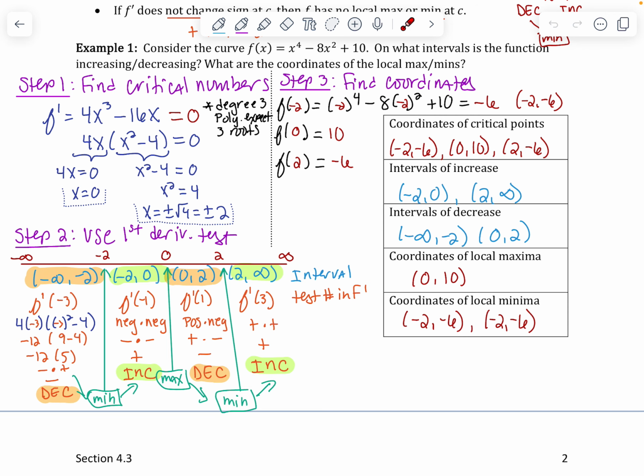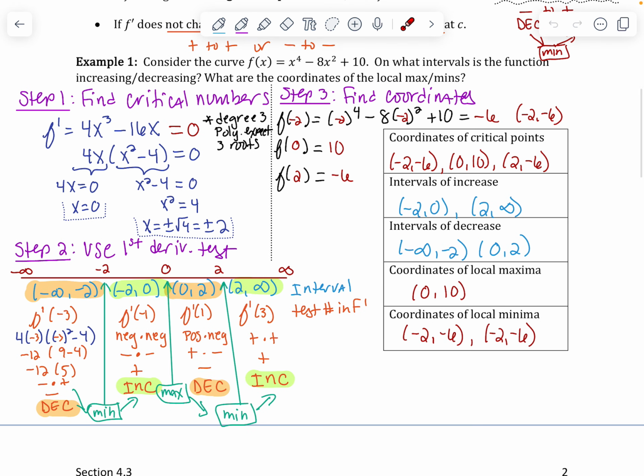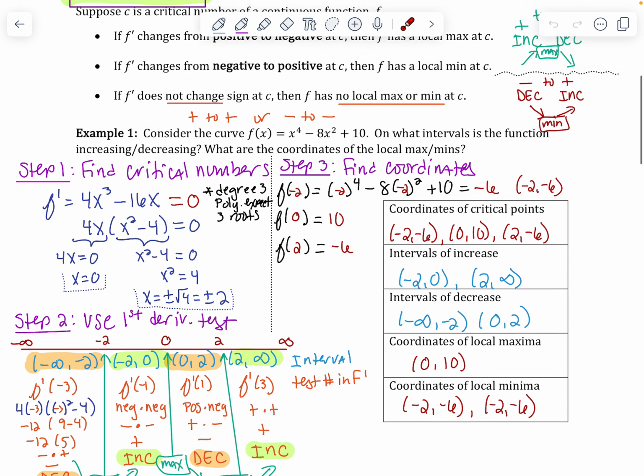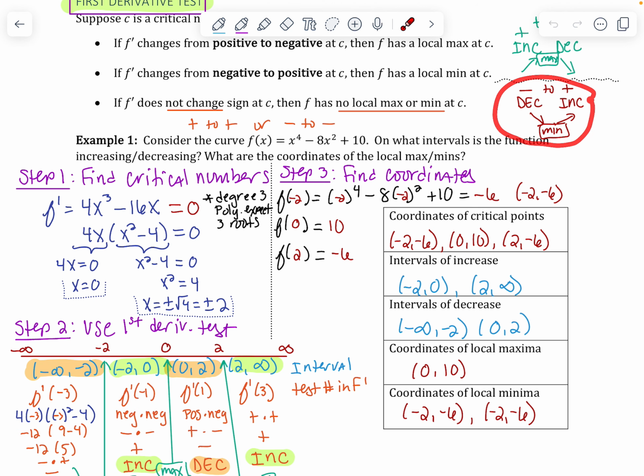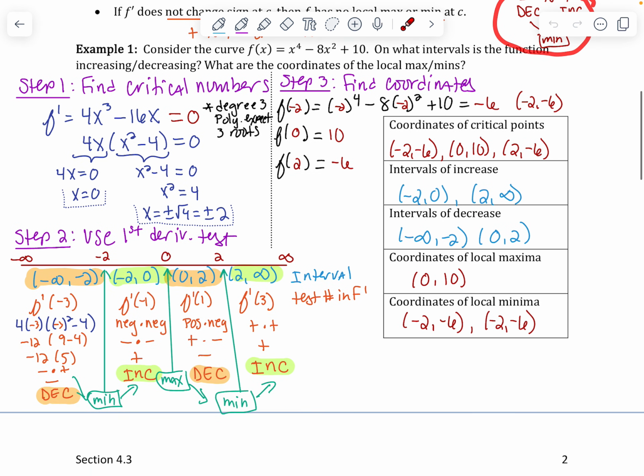So ultimately I'm ready to answer my questions, but there are 2 more things I want to do. First, we had mentioned above, if it changes from increasing to decreasing from one interval to another, then in between these intervals I'm going to have a relative maximum, and if it changes from decreasing to increasing, a relative minimum, and we said these can only occur at the critical numbers.